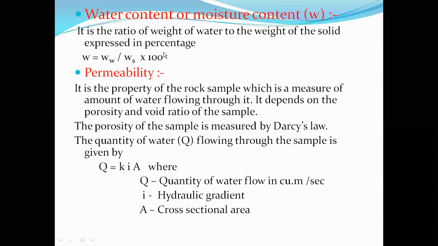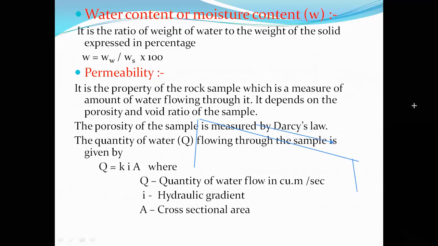What exactly is the hydraulic gradient? Suppose there is a water table something like this. Here the gradient is this much, and here the water pressure is like this, and the water is flowing like this.